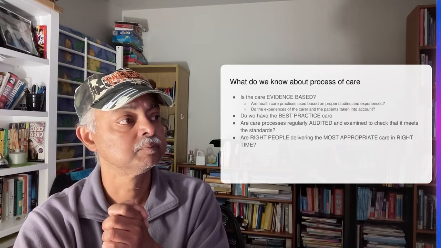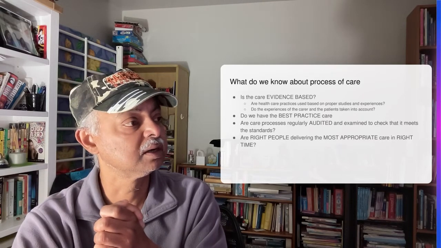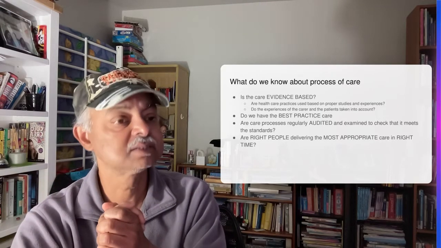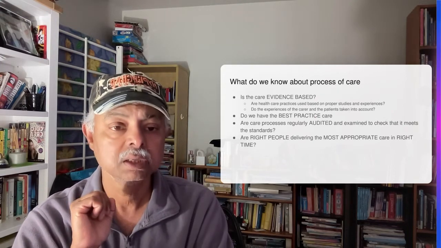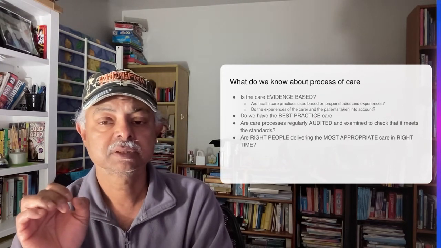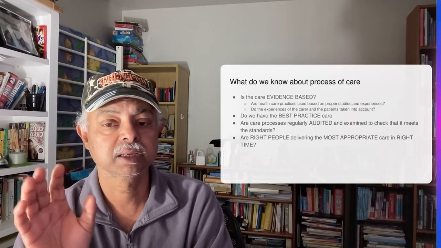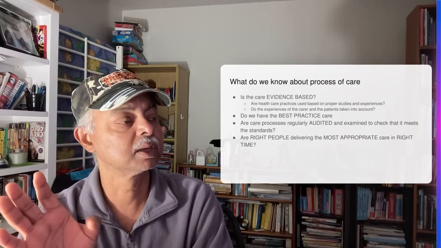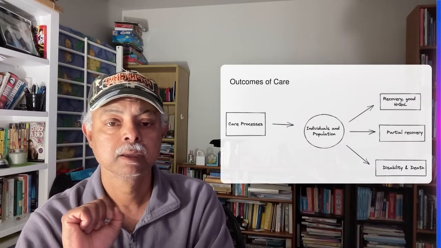You may have heard the proverb "a stitch in time saves nine." So, are things working properly at the right and appropriate time? So again, in terms of understanding access to care, whether care processes are happening in proper time and the right people are doing it makes a lot of sense. We'll see in a bit.